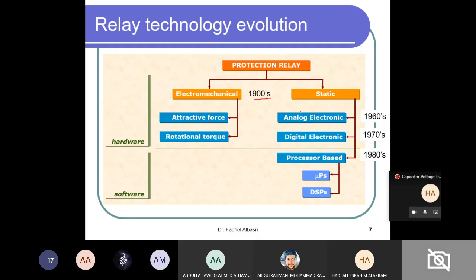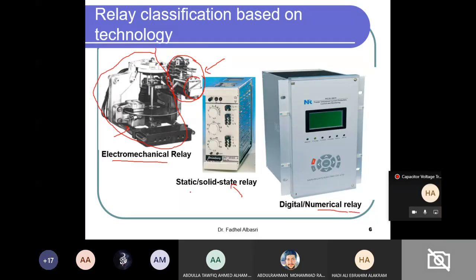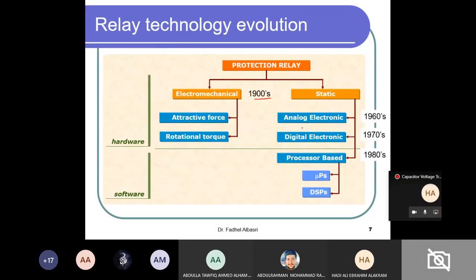While in static relays, like the solid state relays, the first generation used analog electronics in the 1960s. Then when we had comparators and digital logic, we used digital electronics in the 1970s. So all of this was also hardware. When I say static, a relay has no moving parts.